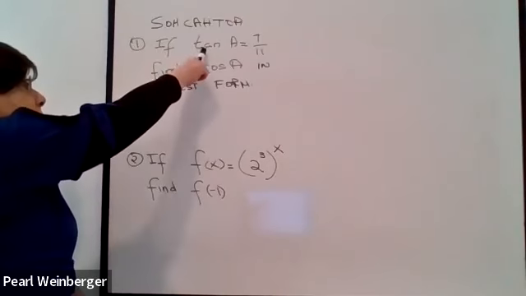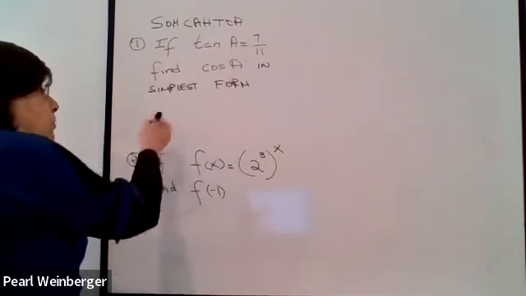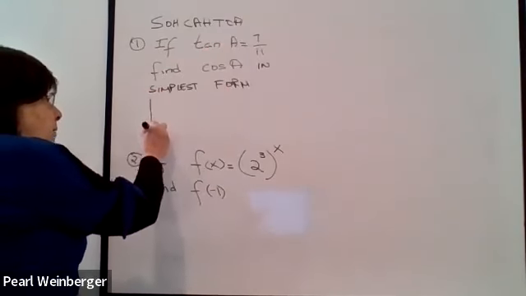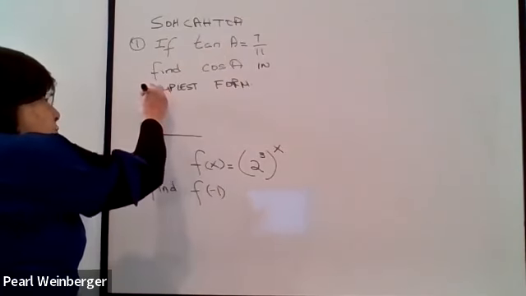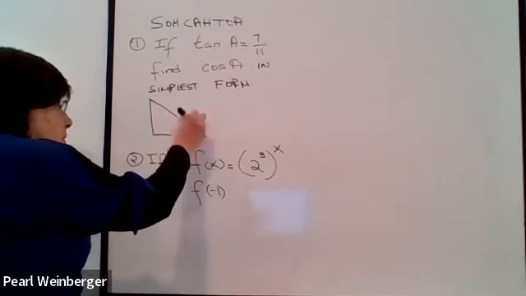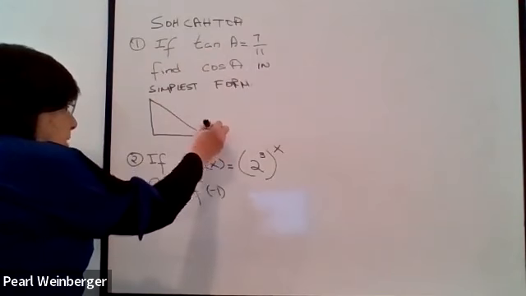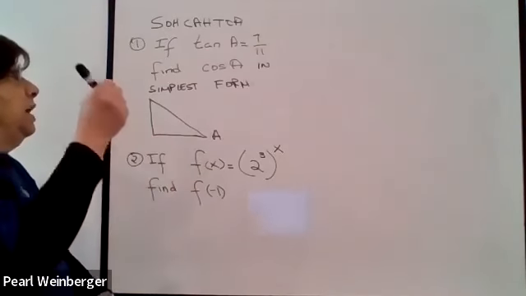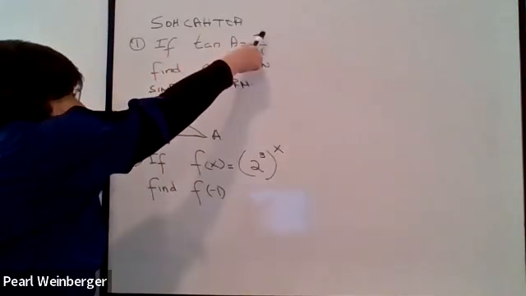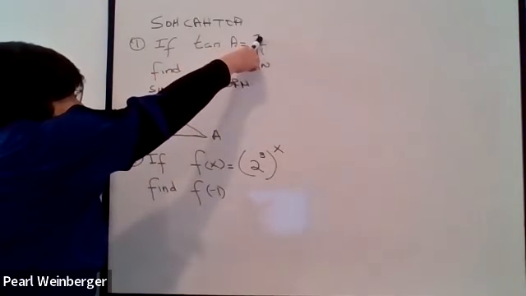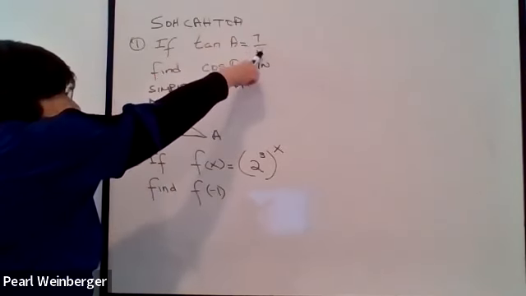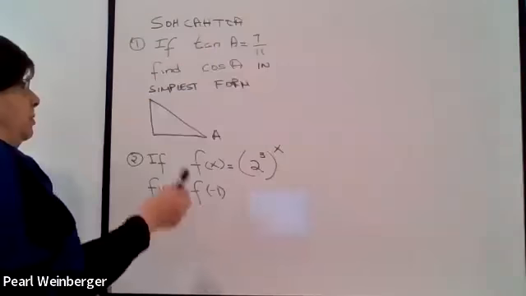So when I tell you the tangent of A is 7/11, it means that we have a right triangle. We can call this angle A, in which the opposite side is going to be 7, because it's up, and the adjacent side is going to be 11.